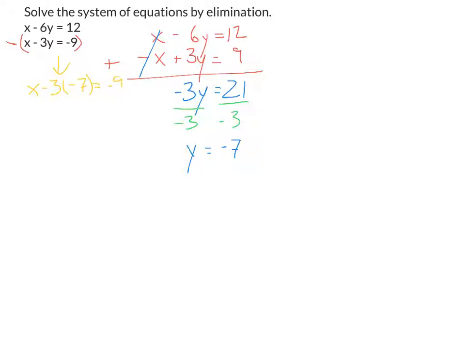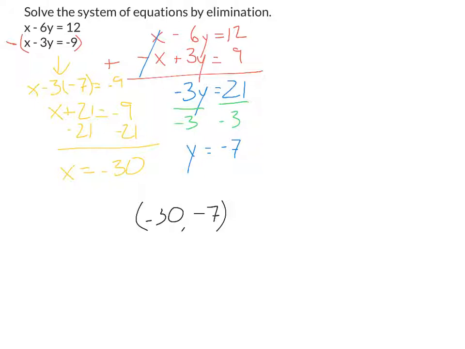And so we get x plus 21, negative 3 times negative 7, equals negative 9. And getting x alone, we'll subtract 21. And so x is equal to negative 9 minus 21 more, which is negative 30. So our ordered pair looks like it's going to be negative 30 comma negative 7.